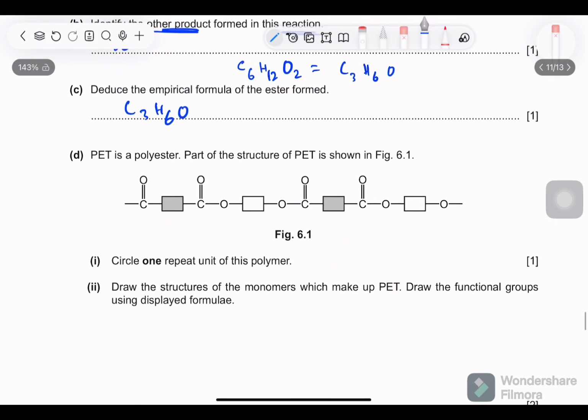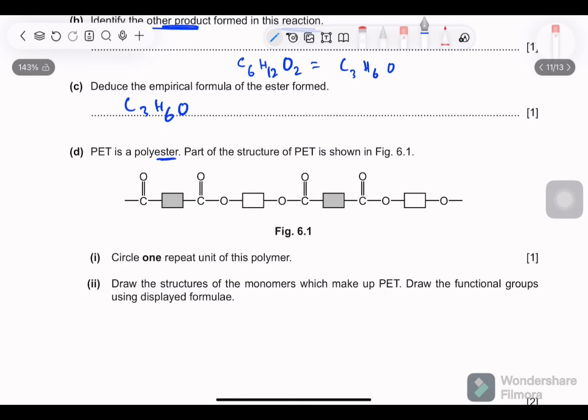Next, PET is a polyester. This means that ester bonds are present and many esters are formed, and the monomer itself is an ester. However, there are two different monomers for PET. Part of the structure of PET is shown. Circle one repeat unit of this polymer. We can easily circle this.